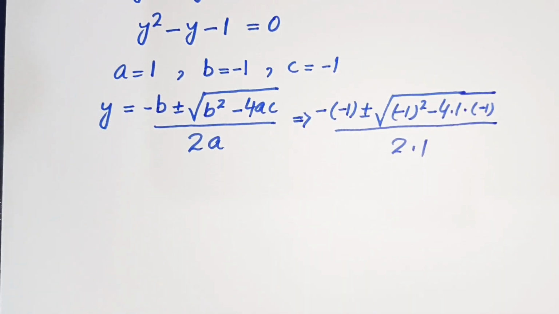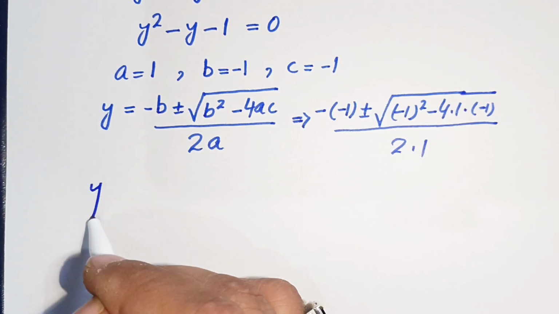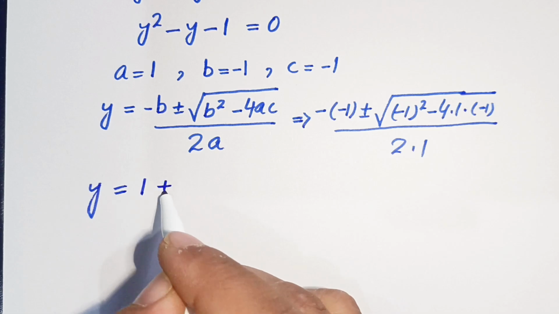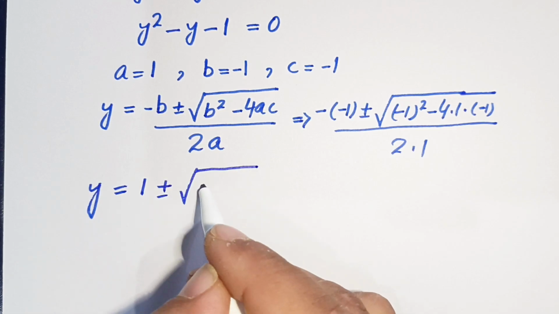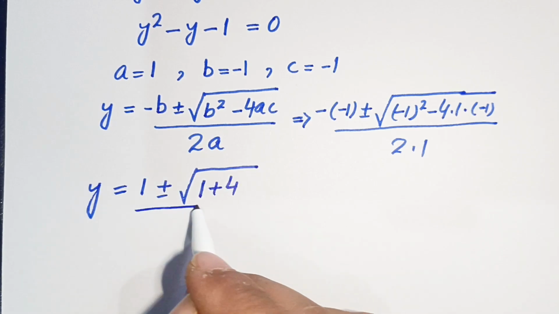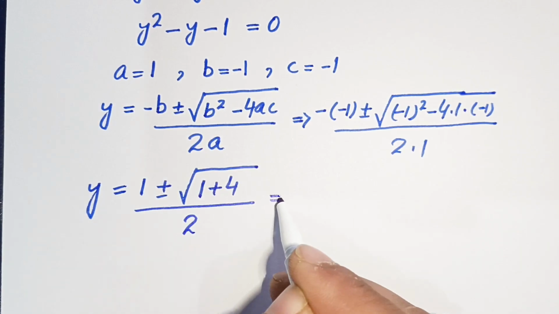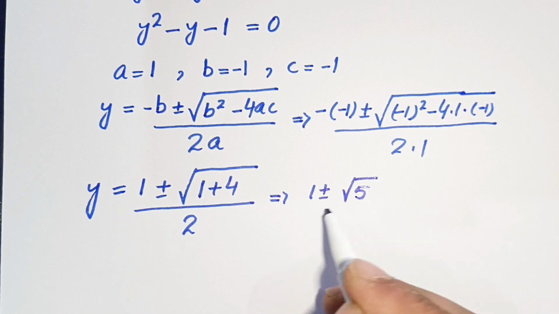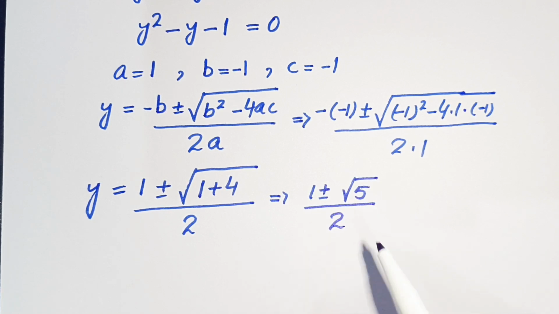Now here y is equal to, minus times minus is plus, so 1 plus minus, here we have 1 squared is 1 and minus minus plus 4 times 1 is 4, all over 2 times 1 is 2. So we have 1 plus minus square root of 5 all over 2.